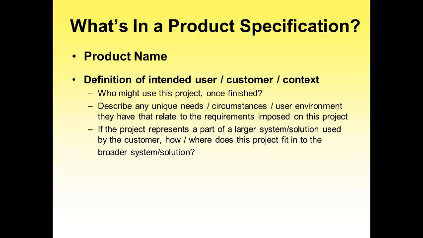So we want to have in our specification a clear description of the customer who might use it once it's finished, what are their unique needs or circumstances or environment that relate to the requirements that are going to be imposed on this project, so we know why is it being required this way? Why does it have to have this feature? If this project is part of a bigger system solution that the customer needs, well, then we need to understand where does it fit in that total picture and what's its interface to those other components.